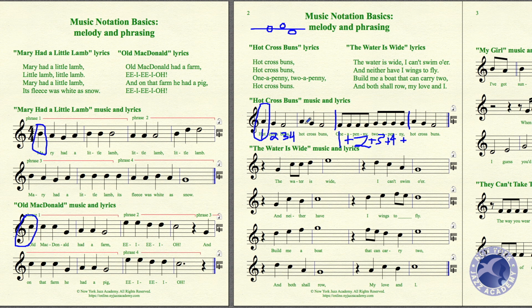Don't go hot cross buns, 1 a penny, 2 a penny, stop. Hot cross buns. The main idea is that beat, the 1, 2, 3, 4, 1, 2, 3, 4, has to remain steady all the time through every tune.